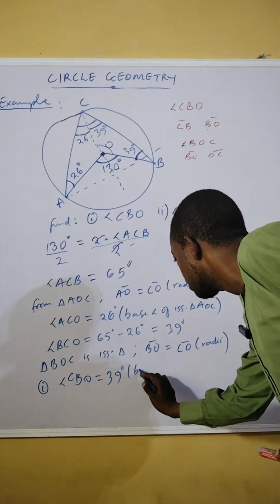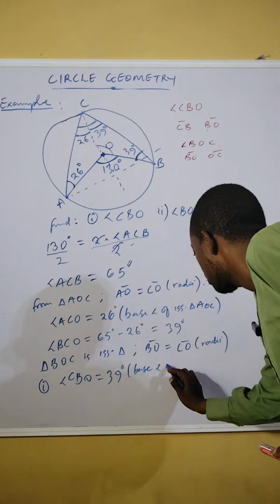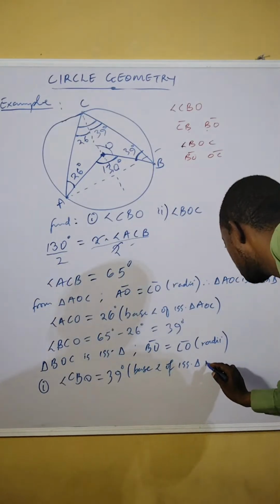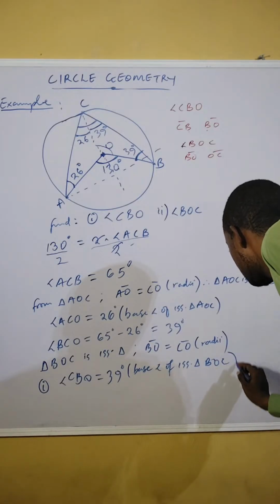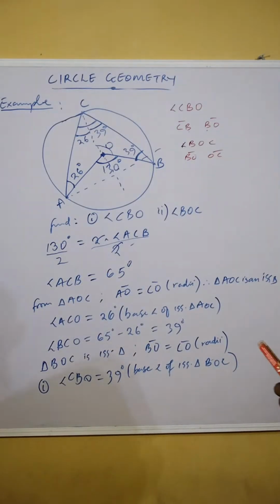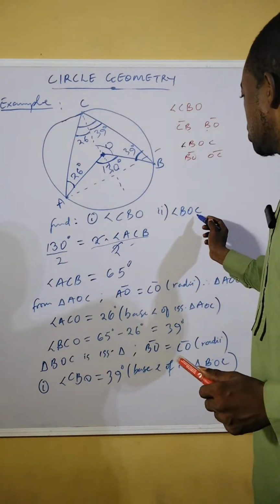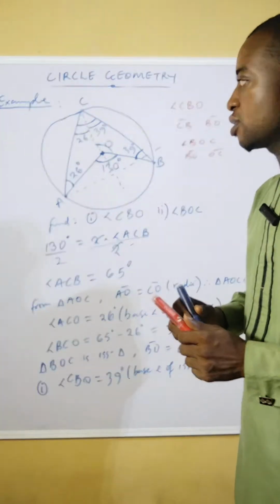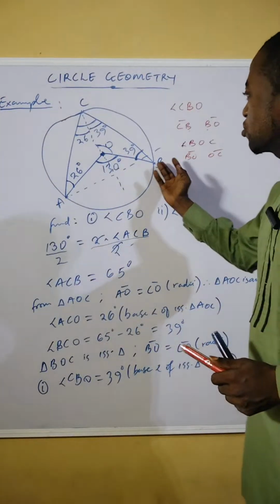That's the base angle of isosceles triangle BOC. So that is the first one. Then the second one, angle BOC here. It's the third angle of triangle BOC.